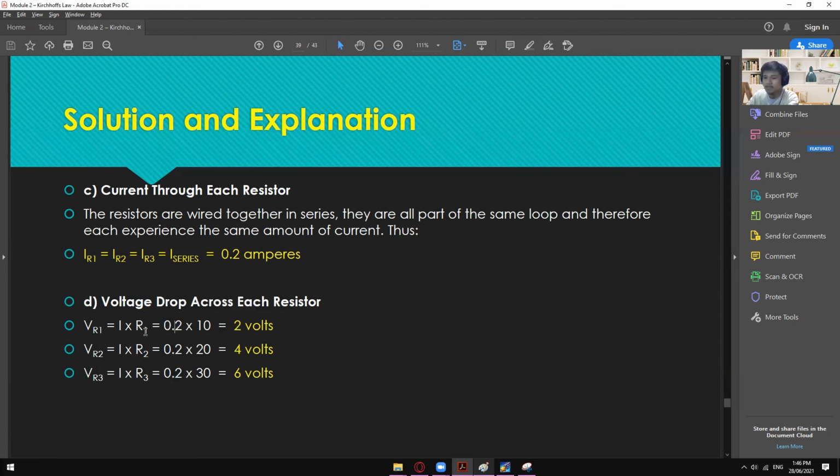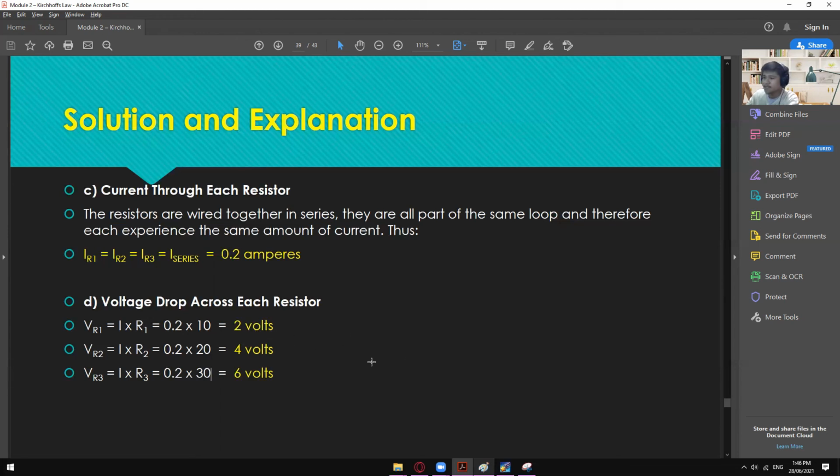The only one that differs is their individual resistor, so that will determine how much voltage drop it will consume. For R1, it will give you a voltage drop of 2 volts. For R2, 4 volts. For R3, 6 volts.